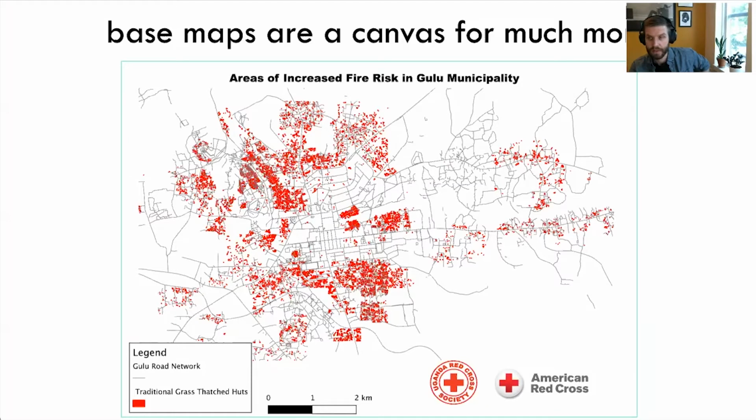And so they mapped out these traditional roofs, and knowing that they are at higher risk of fire, we're able to understand areas of increased fire risk in the municipality, the areas where there's high concentrations of these traditional roofs.